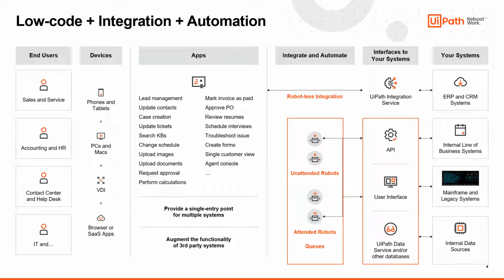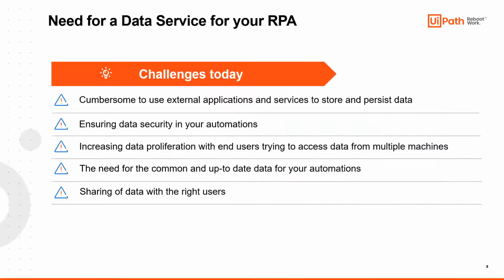I have multiple applications in place, and there is loads and loads of data, right? How I can use that particular data in my apps, we'll look at in the subsequent slides, which basically talk about the data service, right? So what challenges do organizations as well as the developers or the individual business users face today?